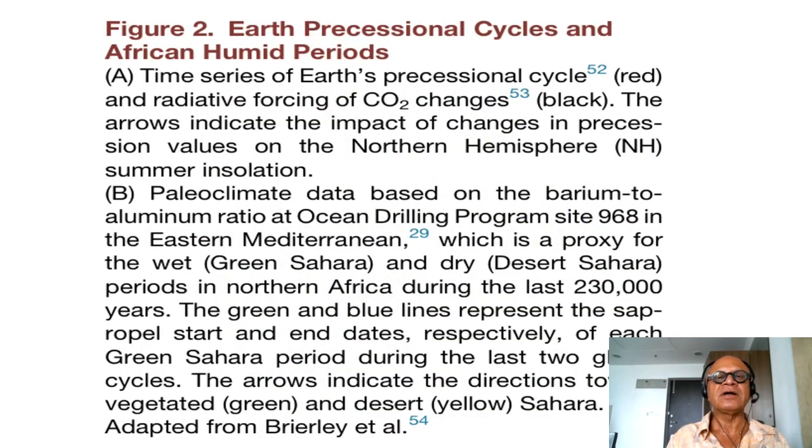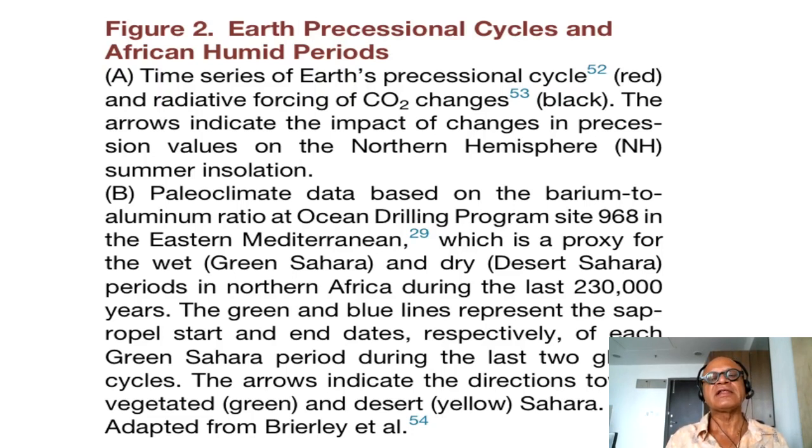Looking at the African monsoon, obviously the greening of Africa, or the African humid periods, have gotten a lot of attention, especially since one of them happened during the Holocene, and now it is a desert.